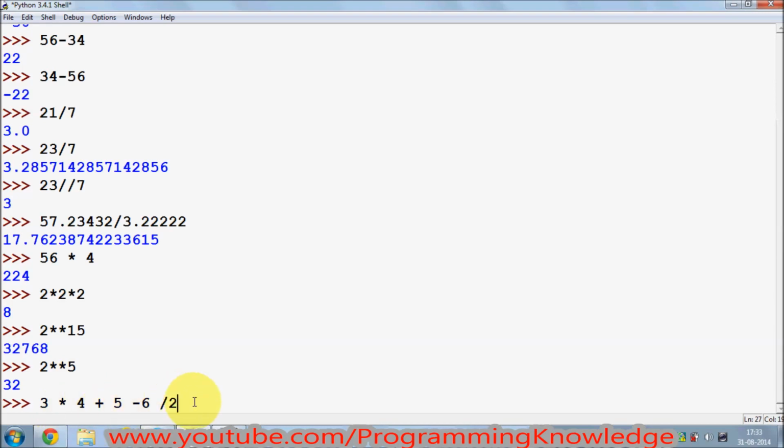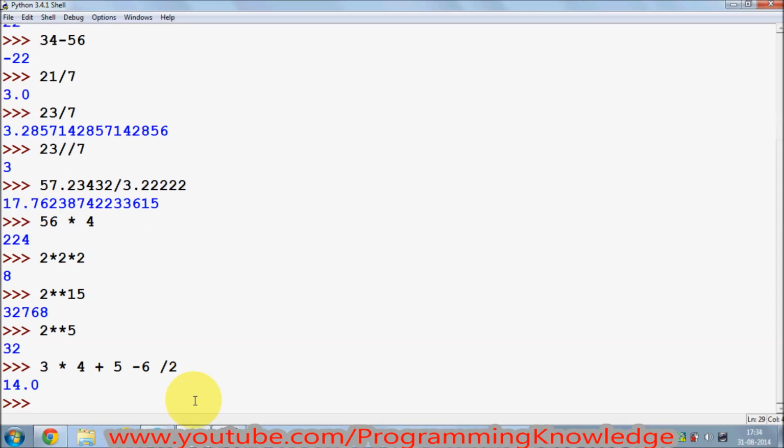Like in simple mathematics, if you remember when you were in school, or if you are still in school, you know this basic formula called PEMDAS, okay. This is the order in which your operations will take place.